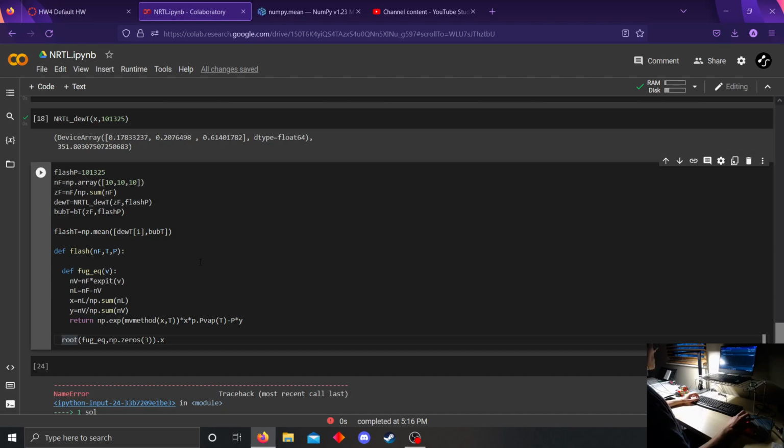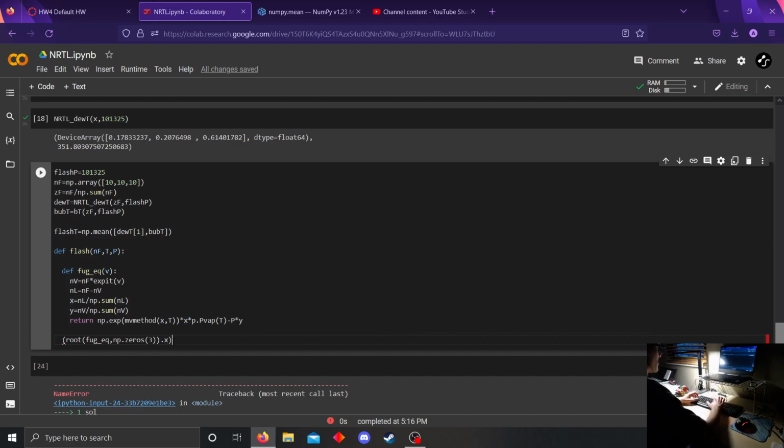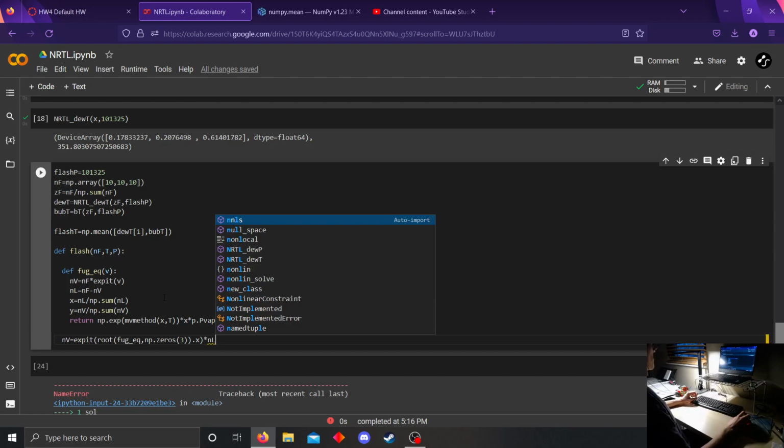So to get the answer out of here, we can use xbit to transform the variables. And then this will be equal to our new NV. And this is multiplied by the total, right, because these are our x's.